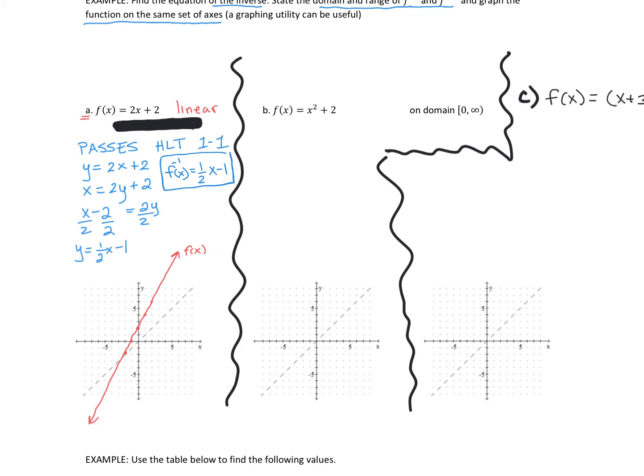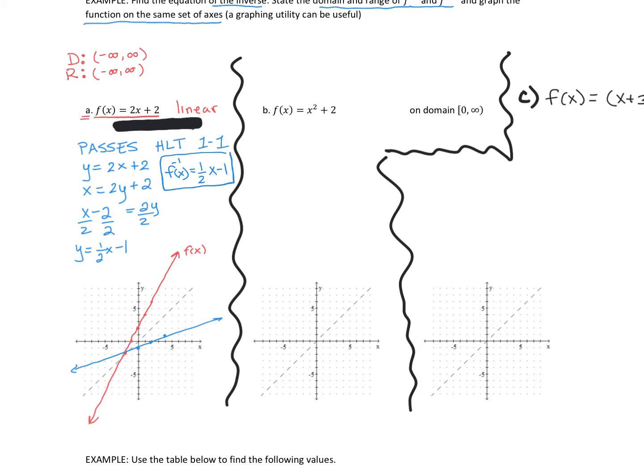So let's plot that. If I cross at minus 1 and I go up 1 and over 2, up 1 over 2, and so on, I get this line. And you'll notice that this is in fact a reflection over that dotted line. So we'll call our f of x this red function, and we know that the domain of the red function is all real numbers, and the range is also all real numbers.